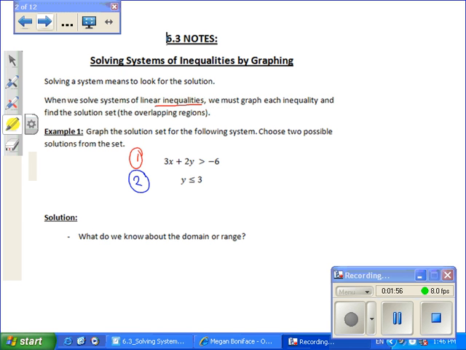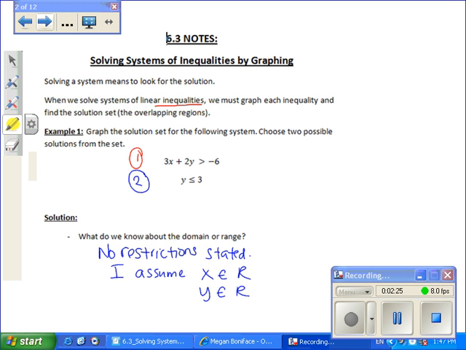So there are no restrictions stated, which tells me a little bit about the possible values of x and y, the domain and the range. I'm going to assume that x is a member of the real numbers and y is also a member of the real numbers.